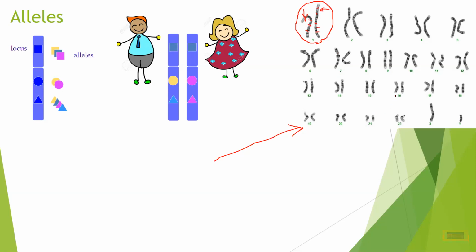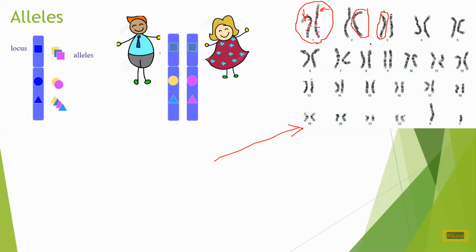Now, if you look at this one and this one, what's the difference? Well, for one, they're different sizes, right? Yes, they're different in size, but not only in size, also in their gene makeup.